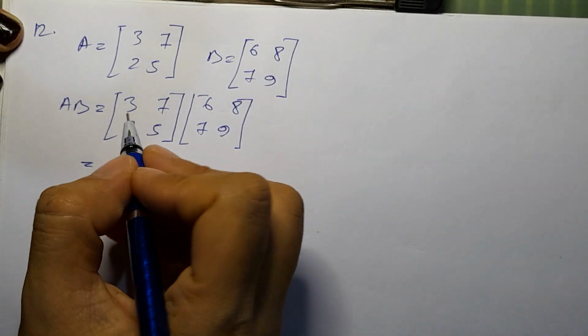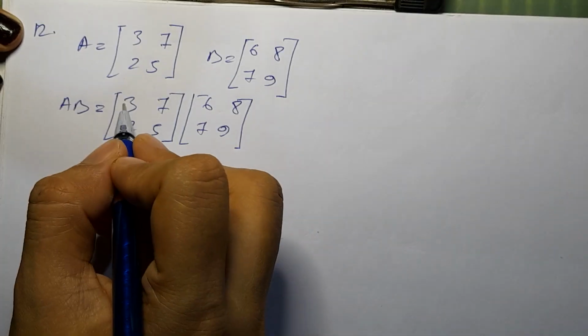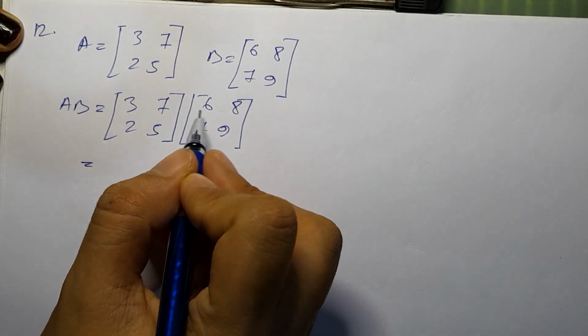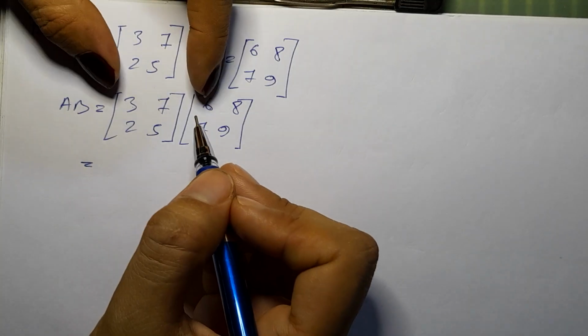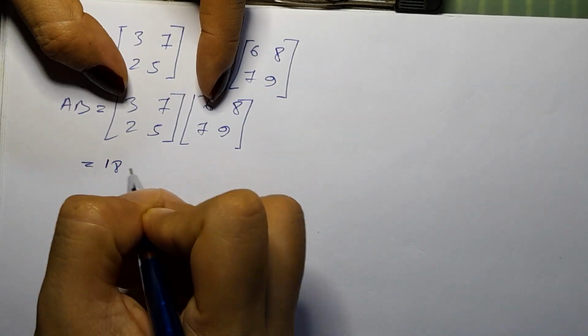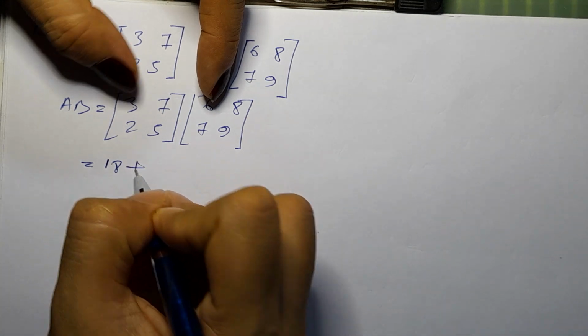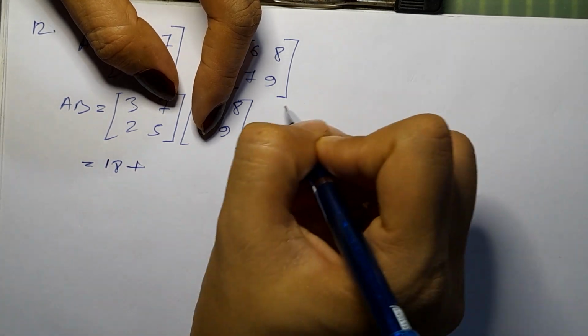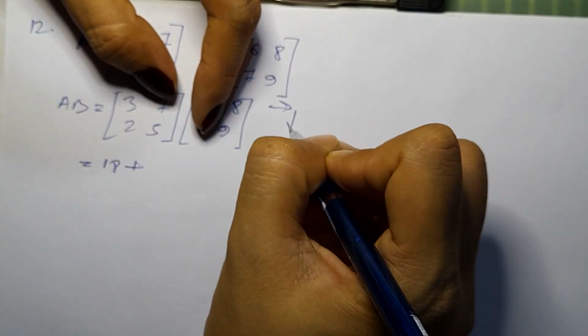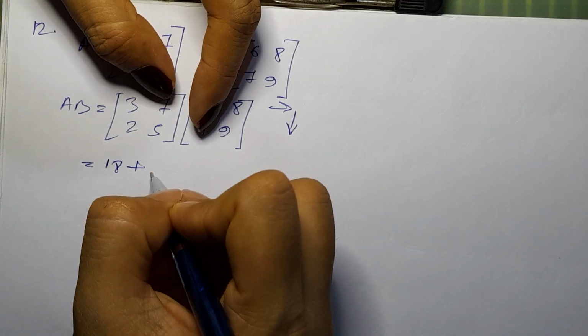Now multiply this. The row will be multiplied with the column. So 3 into 6, so it will be 18. In the middle it is a plus, 7 into 7, 49.